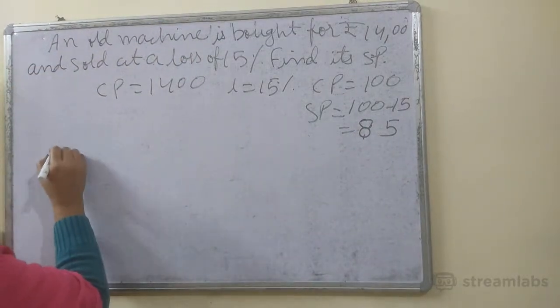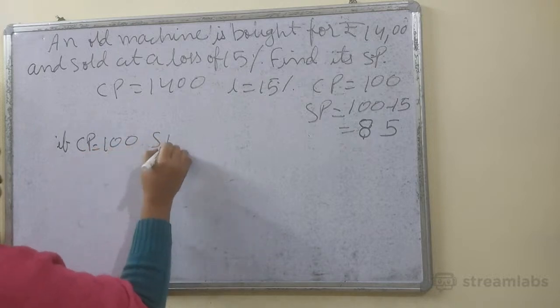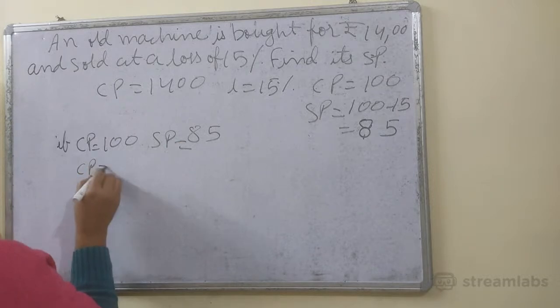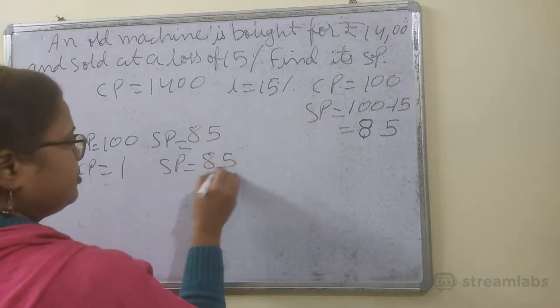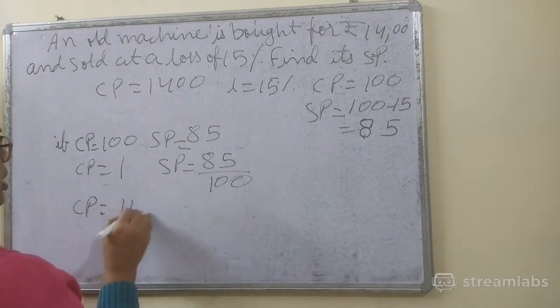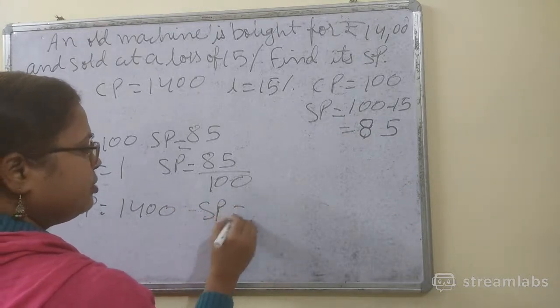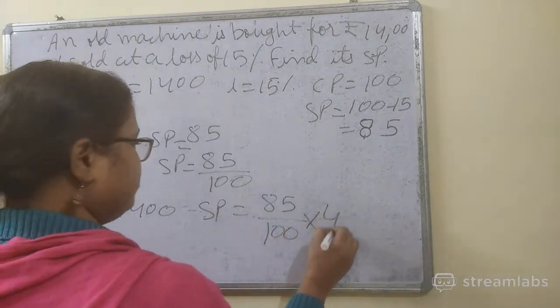So if CP is 100, then SP is 85. So if CP is 1, then SP is 85 by 100. If CP is 1400, then SP will be equal to 85 by 100 into 1400.